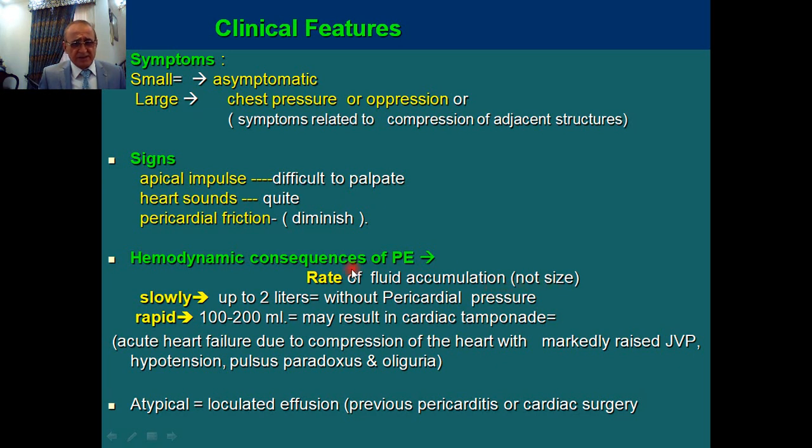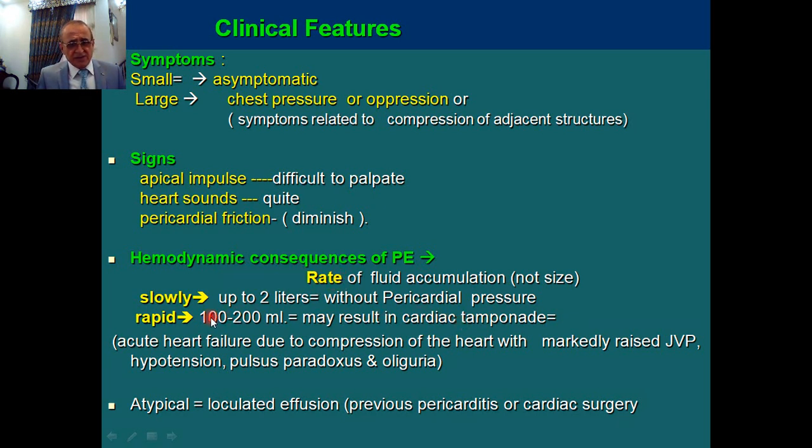If it is slowly accumulating up to 2 liters, the patient can tolerate it without tamponade. But sometimes a rapid accumulation of 200 cc might result in cardiac tamponade. So it is the rate of fluid accumulation that determines the hemodynamic consequences.